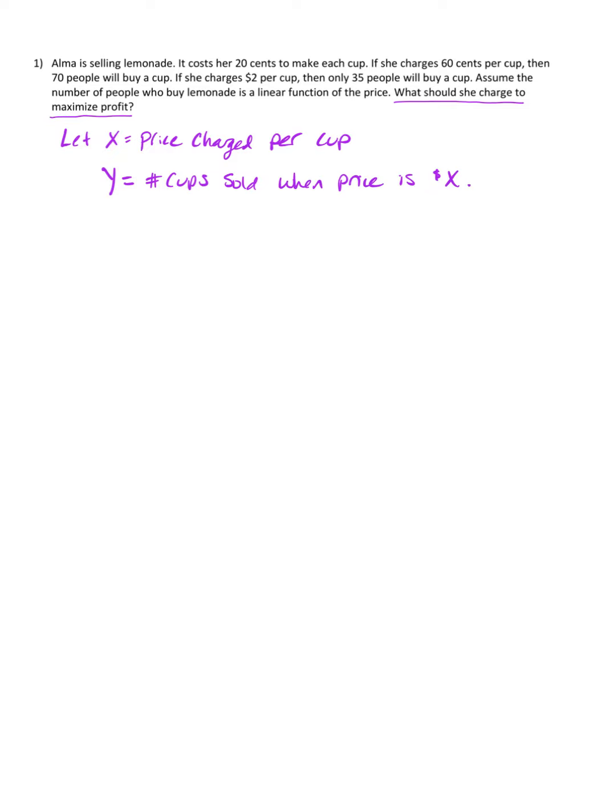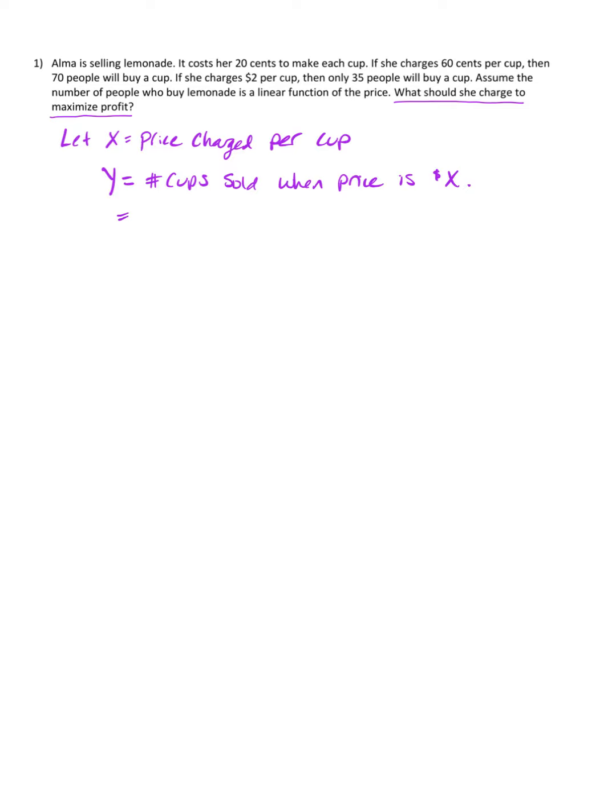And they told us that that's a linear function, right? They said to assume that the number of people who buy lemonade, that's the number of cups sold, is a linear function of the price. So this is a line.